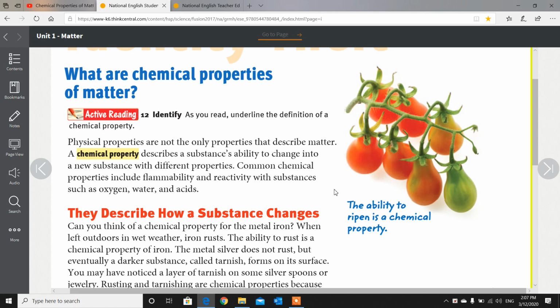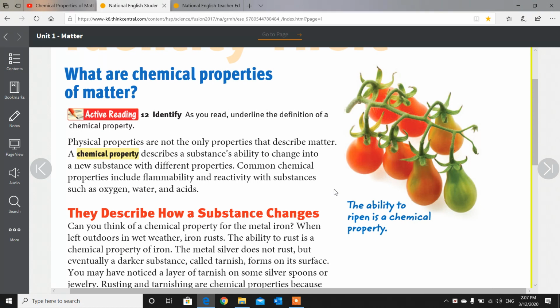So a substance changed into a new or more than one substance, right? So the identity of the substance changed into another form. So this is the chemical properties of matter.